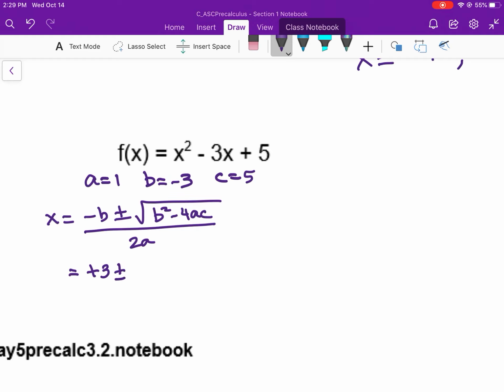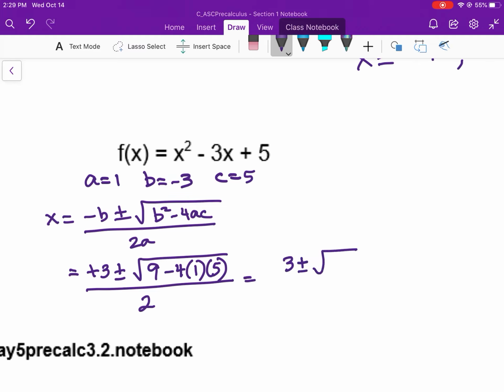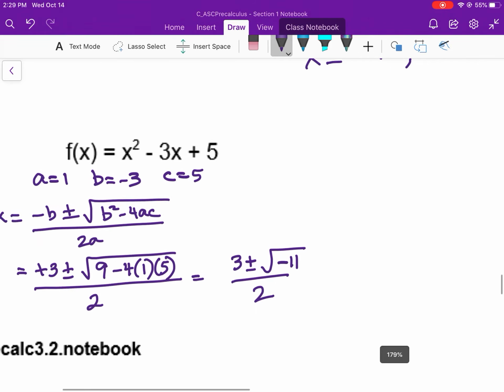I'm just going to go ahead and call that positive 3, plus or minus the square root of negative 3 squared is 9, minus 4 times 1 times 5, all over 2 times 1, which is 2. So now that ends up giving me 3 plus or minus the square root of negative 11 all over 2.